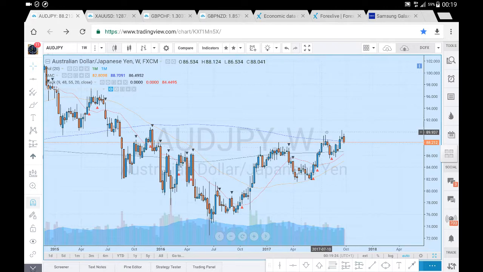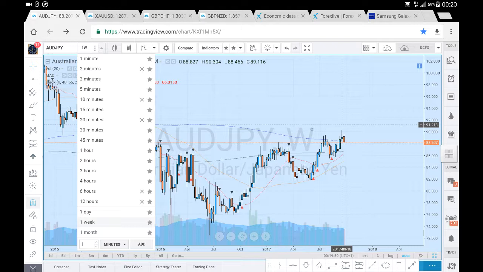As you can see, the first touch by price was in July. Price sold back down and springboarded back up, which does appear to be a kind of bull flag, as we have traded above the previous highs there. It does suggest more momentum to the upside. So on a weekly time frame, you would say we are currently in an uptrend.